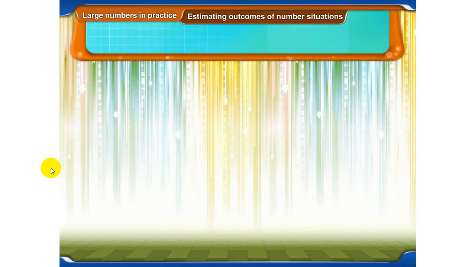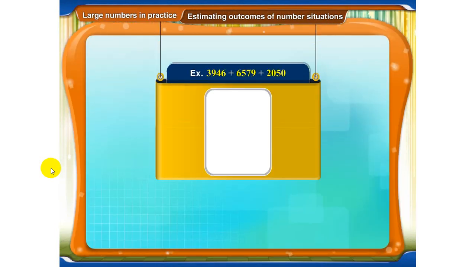Estimating outcomes of number situations. We add numbers by following the algorithm, that is, the given method, systematically. We write the numbers taking care that the digits in the same place, ones, tens, hundreds, etc., are in the same column.